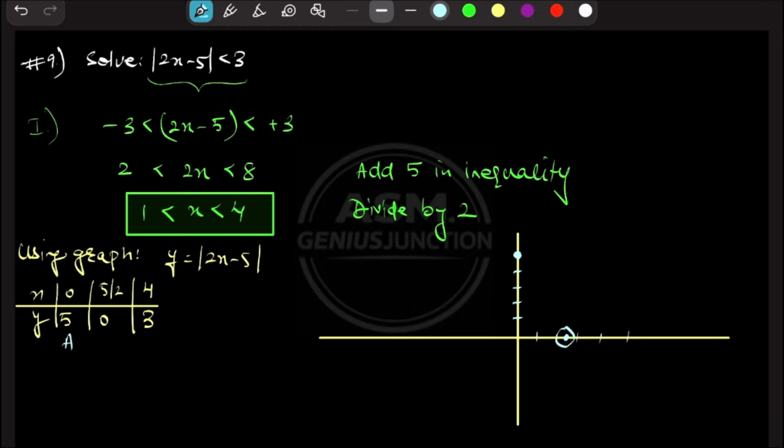This is my point number 2. Then 4 comma 3: 1 2 3, so this point lies over here. I will quickly draw the graph. So this is going to be the graph of the given question.